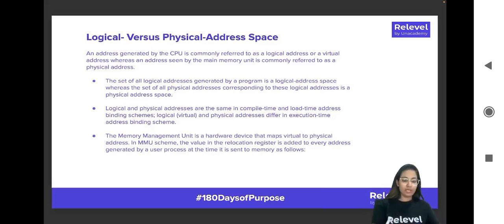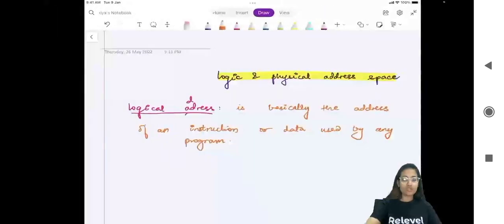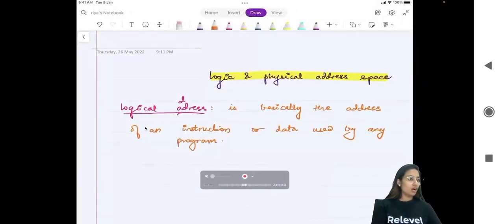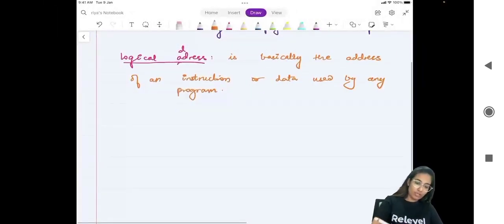Let me write this down as well so that you have something to remember in terms of notes.